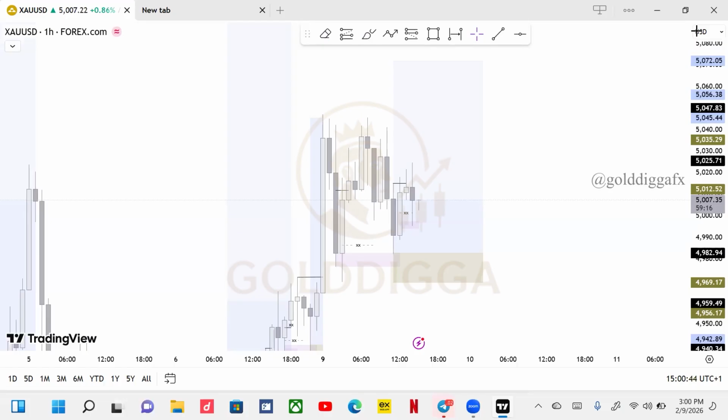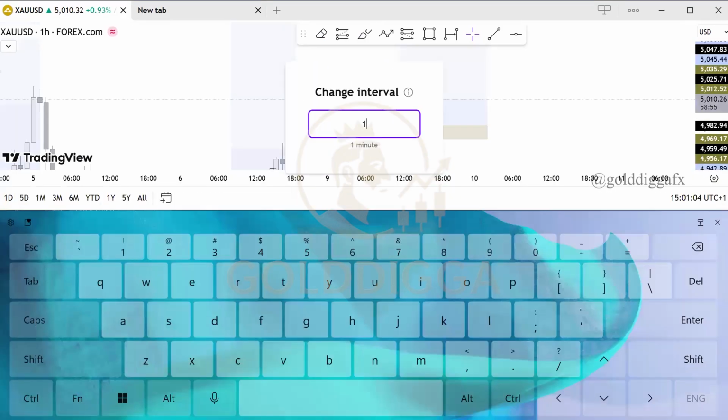Any questions regarding this setup? Because I'm going to be moving to different charts to show you the trend lines, stuff like that. All right. I hope everyone understands this entry and also the re-entry. The re-entry is quite simple.